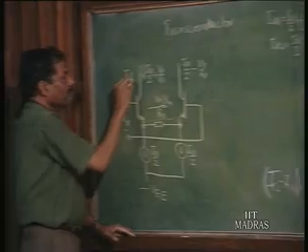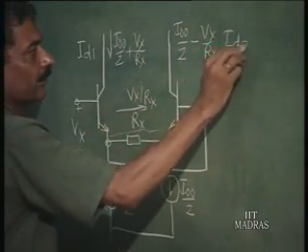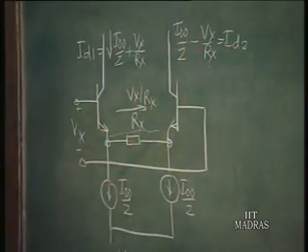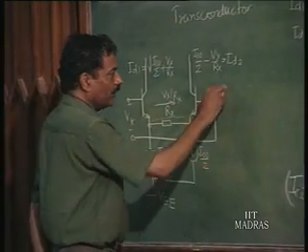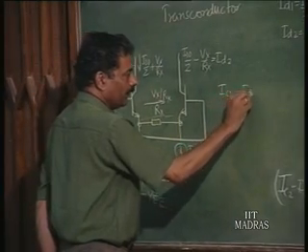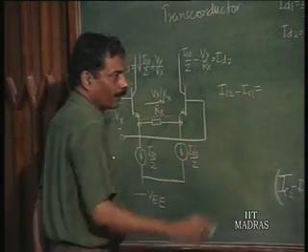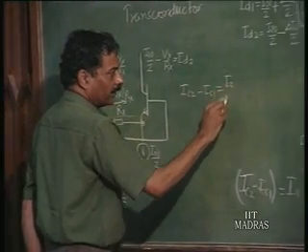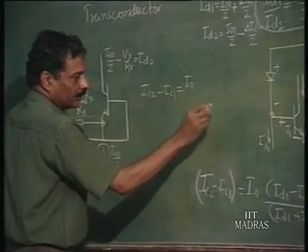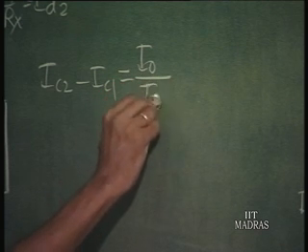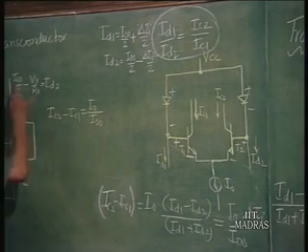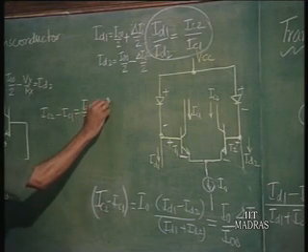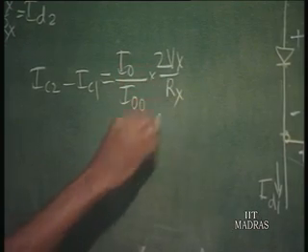So, let this be ID1 and this be ID2, inputs to this. Then what happens? We will now know that the output, which is IC2 minus IC1, equals I naught divided by I naught naught, because it is ID1 plus ID2 into delta I, which is nothing but twice Vx by Rx.